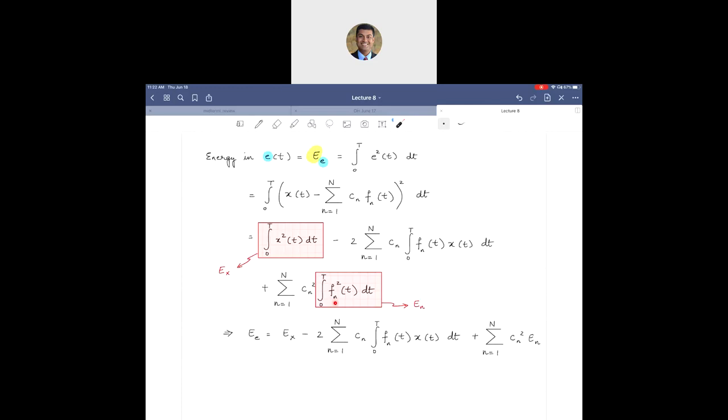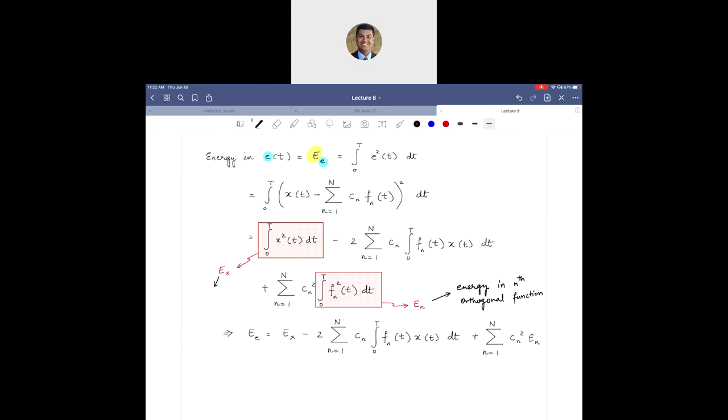This particular red box, we are defining that as the energy in the nth orthogonal signal. So let me write that down here. This is energy in nth orthogonal function. And this is what?